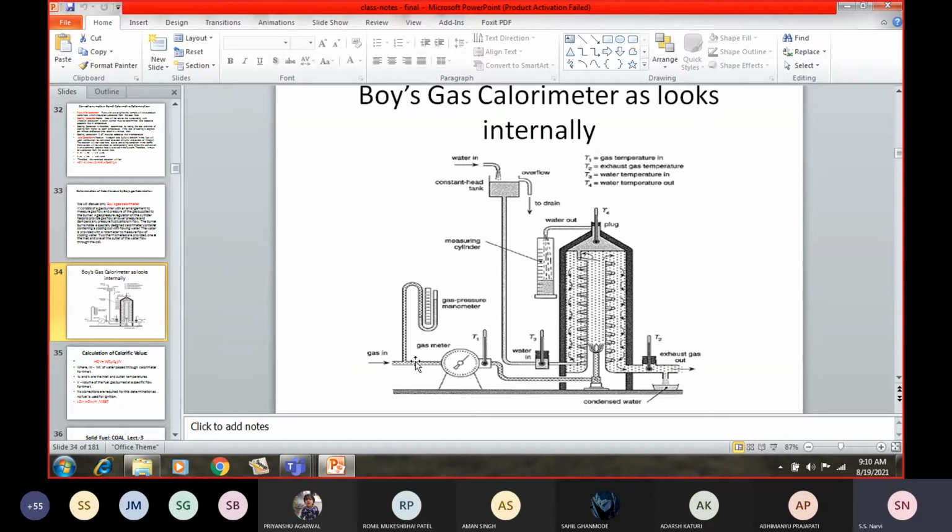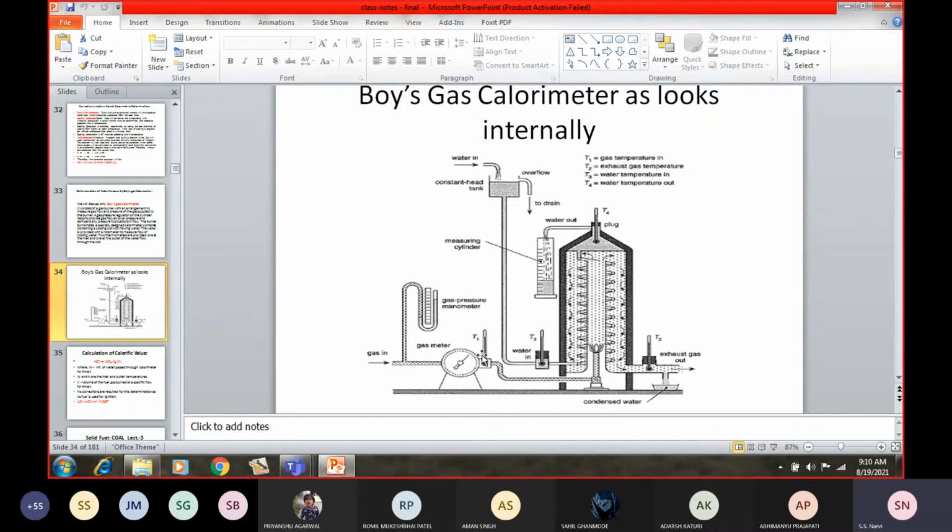And then this fuel pipe is connected with a flow meter, a gas flow meter. It's not a gas meter, it is a gas flow meter, by which you can maintain a specific flow of the gas.